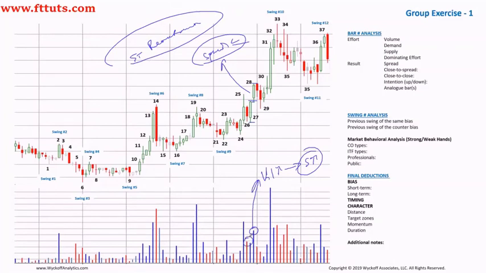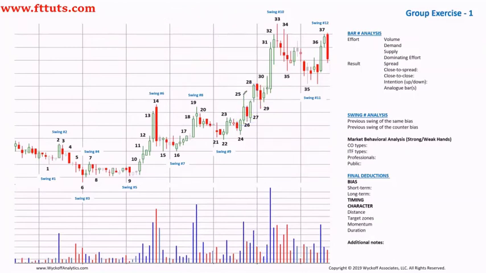We're expecting that the supply signature is going to be lower than on bar number 26, just because supply has been absorbed in this area and supply is diminishing. We're also expecting that the reaction by itself is not going to be as deep. It was probably in line with what we've seen after 25, but slightly less. So 28 to 29 is slightly less than or equal to 25, 26.